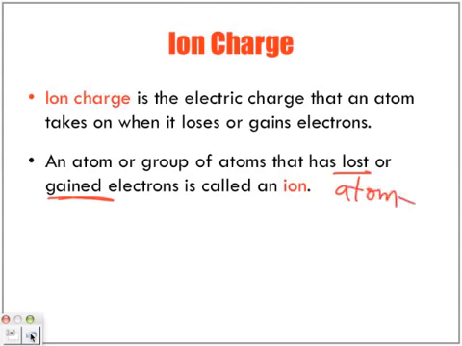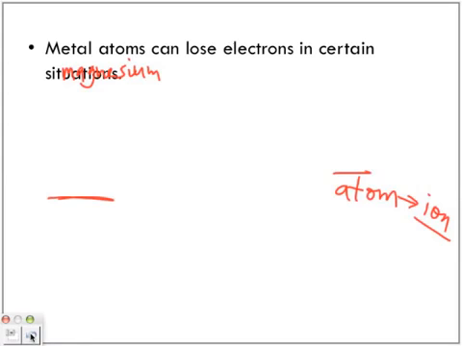It becomes an ion. So a magnesium atom can become a magnesium ion if it gains or loses electrons. We'll talk about that again, like I said, at a later point.